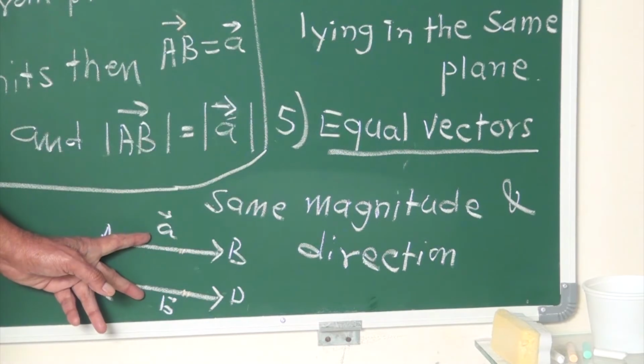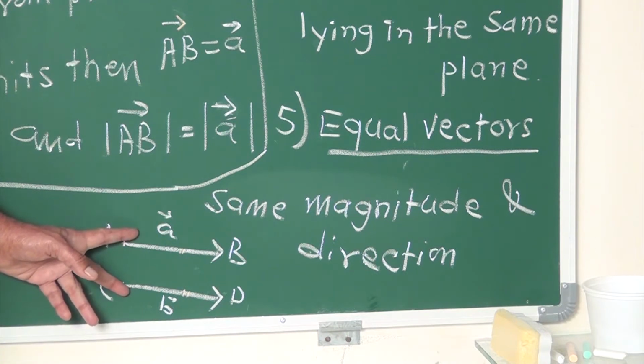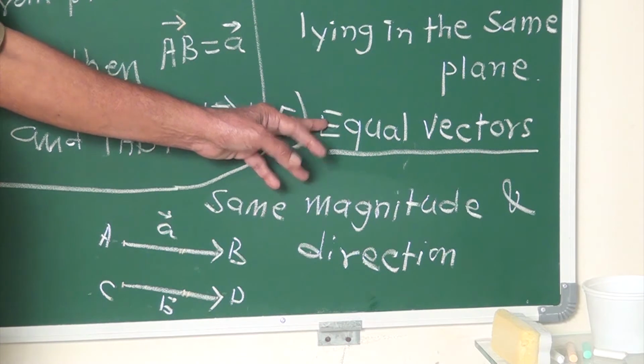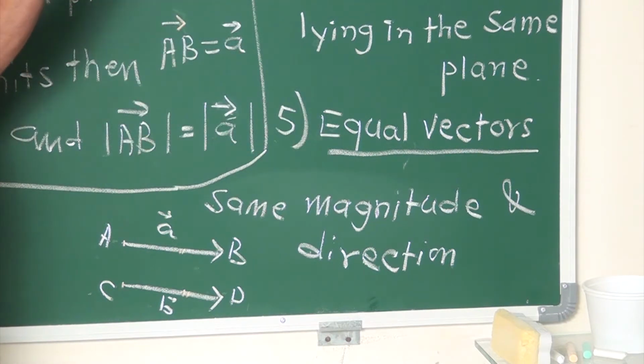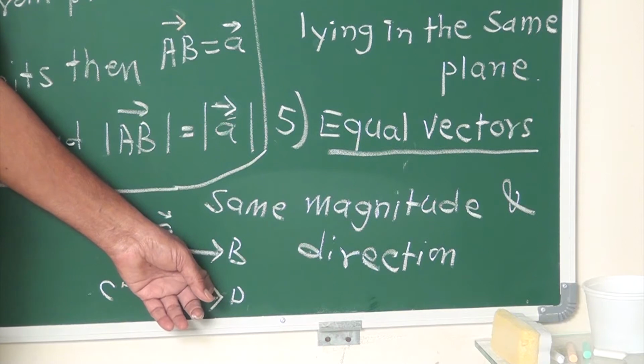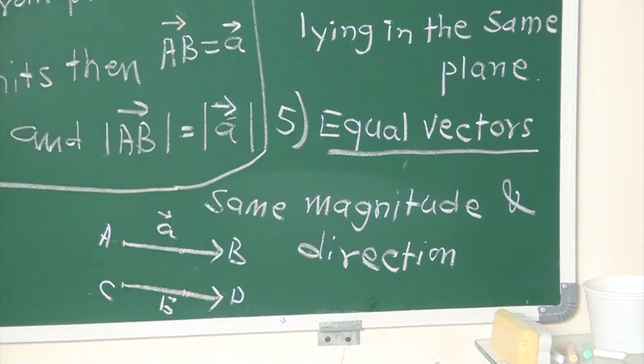Their length is also the same. In such cases, these two vectors are said to be equal vectors. If the direction is different, they are not equal vectors. Why? The direction is different. So, direction as well as magnitude is the same, my friends.